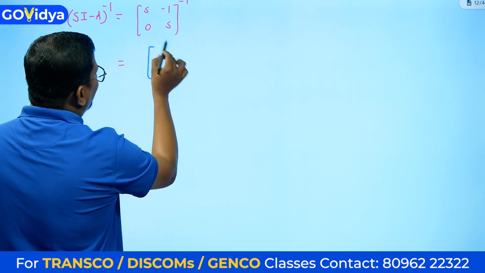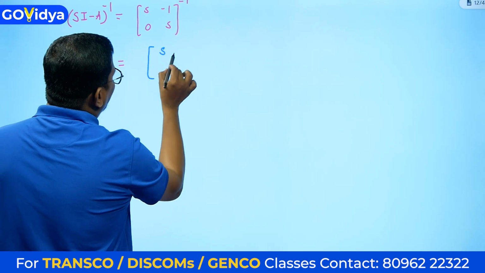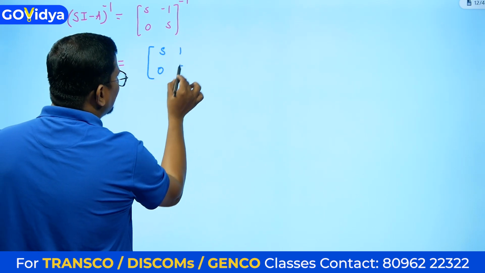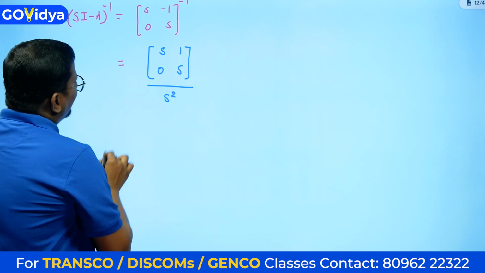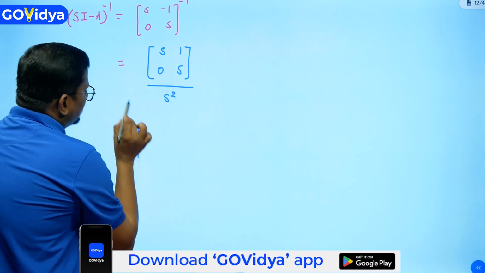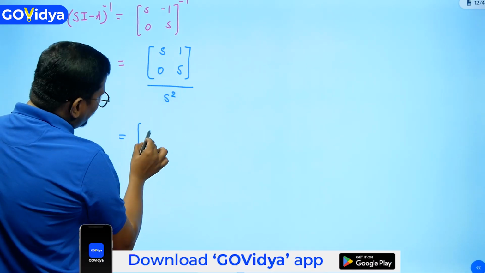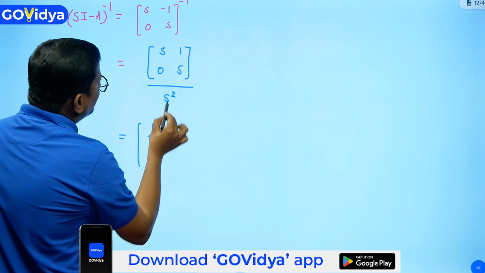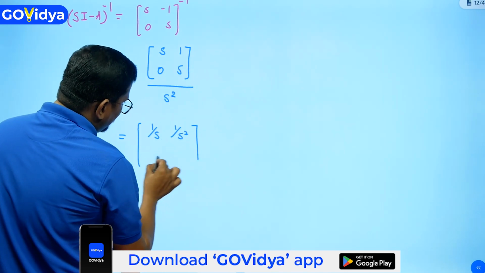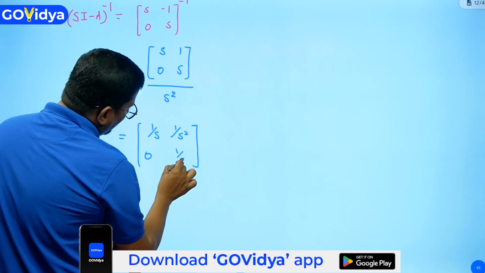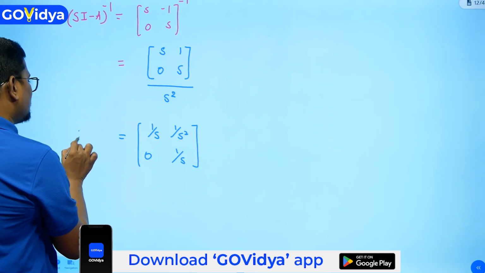I told you for a 2 by 2 matrix: swap the diagonal elements, change the sign of the off-diagonal elements, that is the adjoint, divided by the determinant. So it is 1 upon s, 1 by s square, 0, 1 upon s. This is (sI minus A) whole inverse.